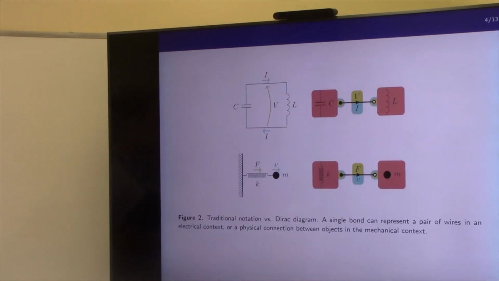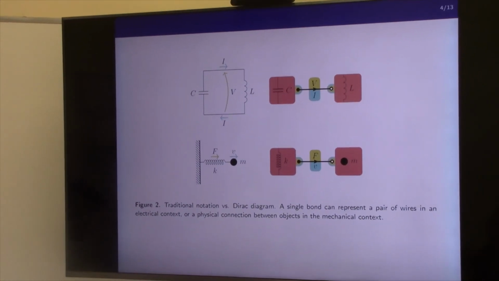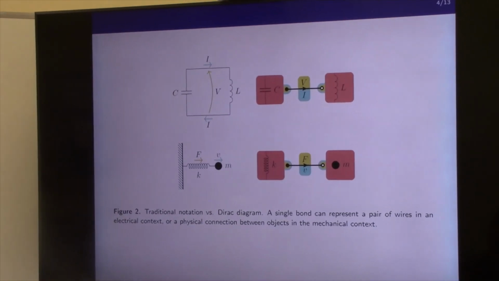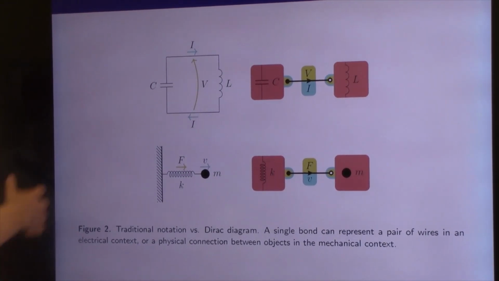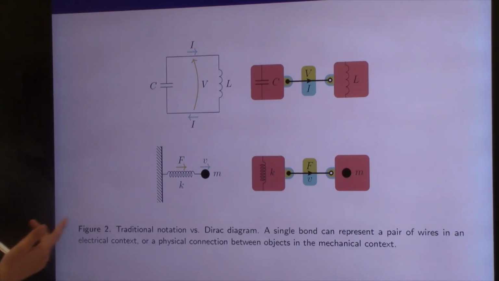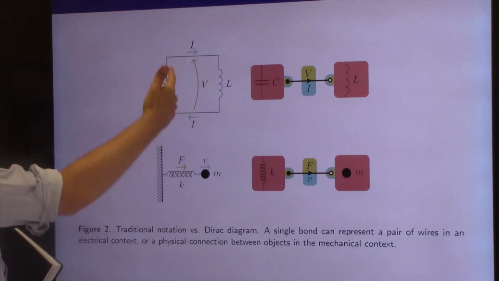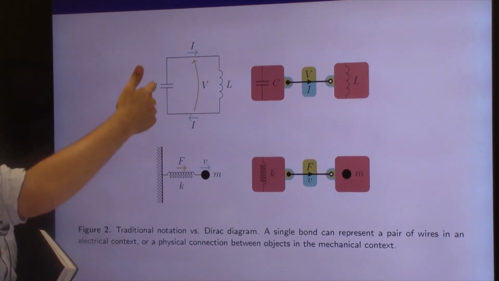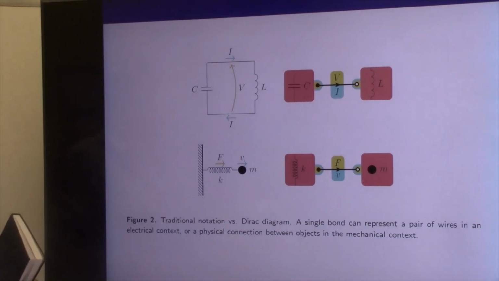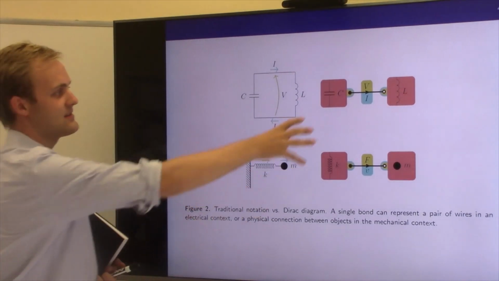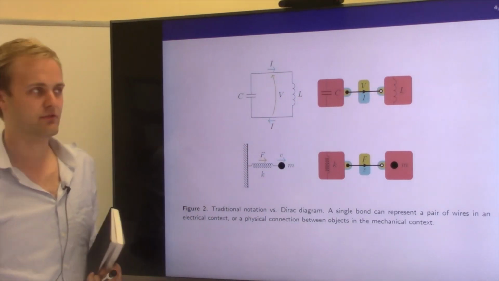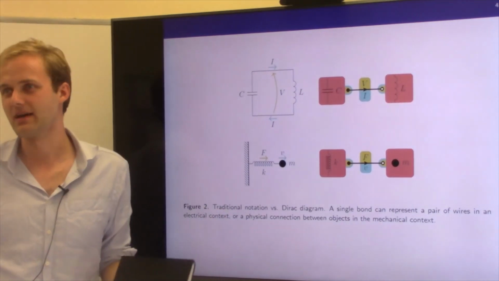So we have all of these similarities, and this points to a shift that we can make. In engineering and physics we have a lot of different styles of diagrams, but they're all kind of talking about the same thing. These two systems are mathematically completely analogous, so let's use a notation that makes that clear. This notation is something I came up with, inspired by a different notation, but that notation was kind of hard to make mathematically precise.